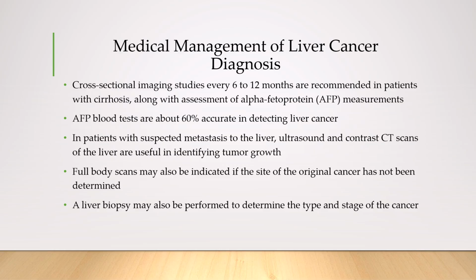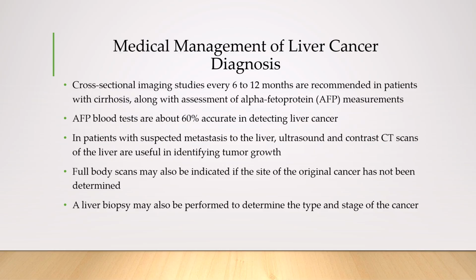So, diagnosis of liver cancer. Cross-sectional imaging studies every 6 to 12 months are recommended in patients with cirrhosis, along with assessment of the alpha fetoprotein measurements. AFP blood tests are about 60% accurate in detecting liver cancer.